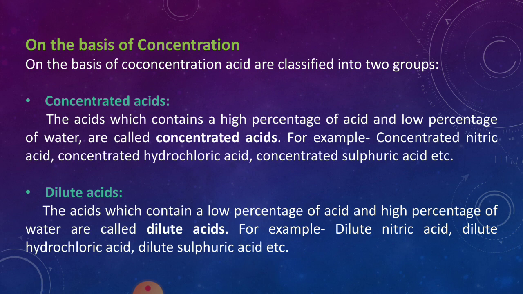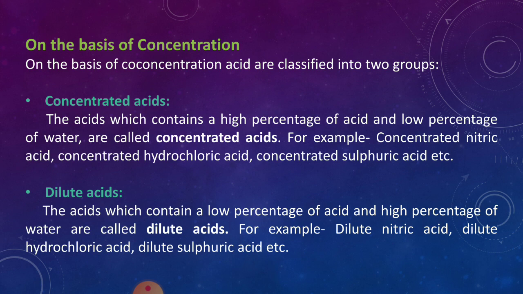Concentrated acids means the acids in which the percentage of acid is much higher, present in much more amount as compared to the water. Acids with a high percentage of acid and a low percentage of water are called concentrated acids.